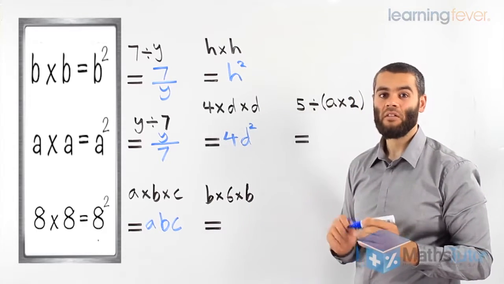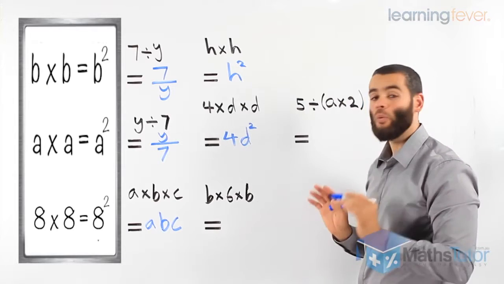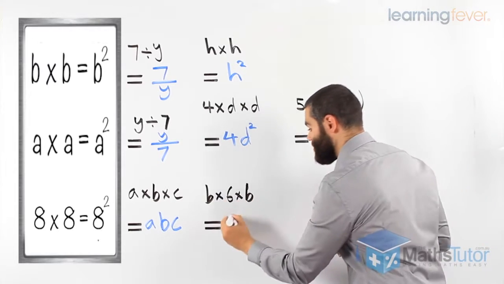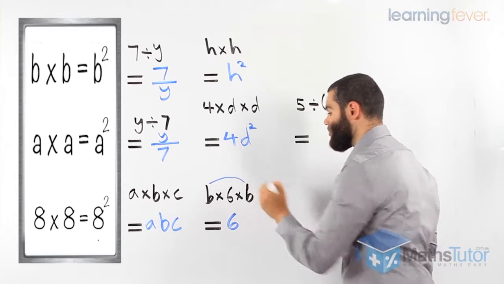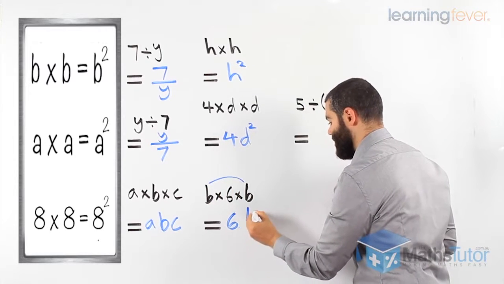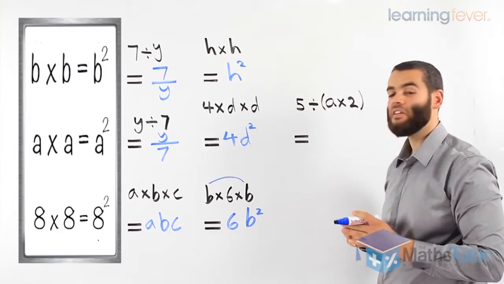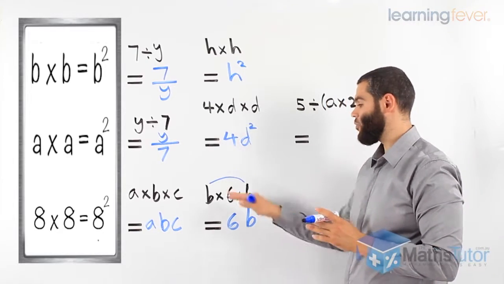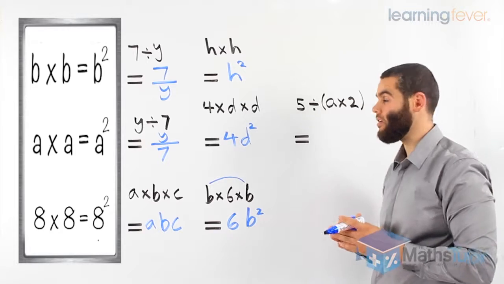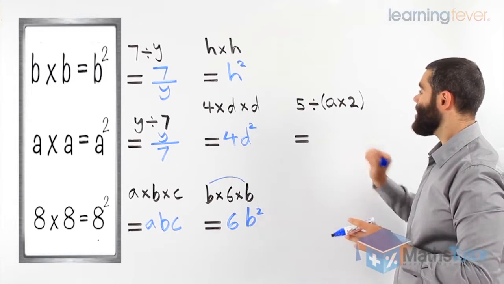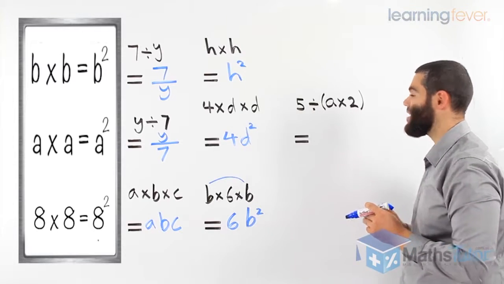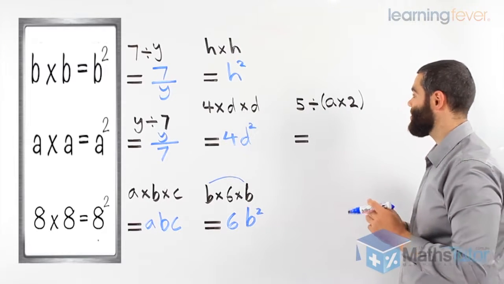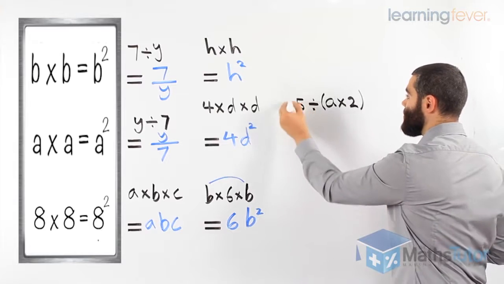B times 6 times B. Again, we always write the numerals first. 6 comes first. B times B is B squared. 6B squared is our answer for B times 6 times B. Here we have 5 divided by everything in the bracket, which is A times 2 in the brackets there. 5 comes first.